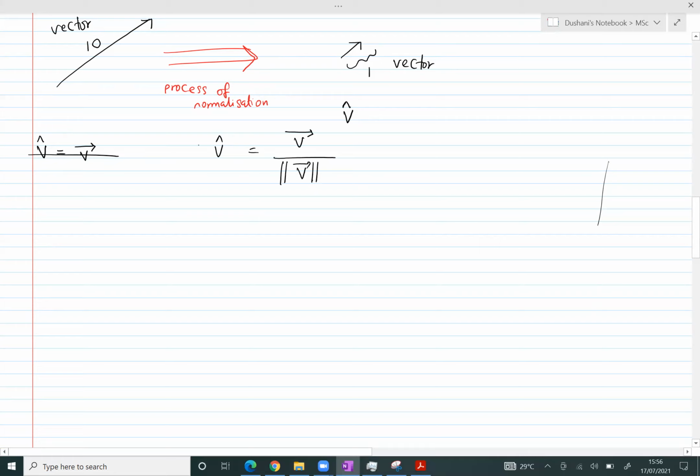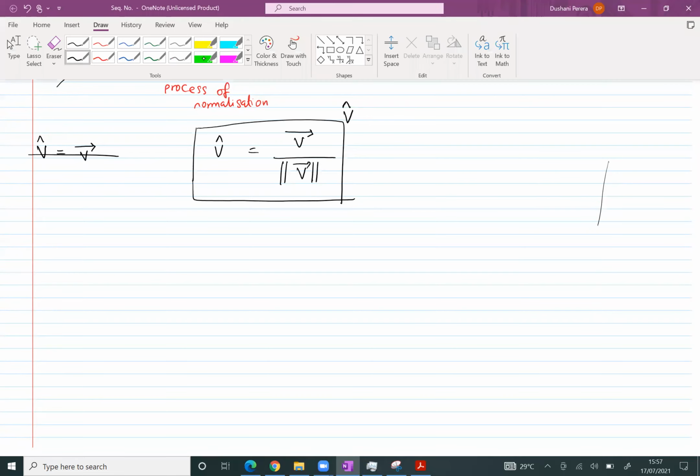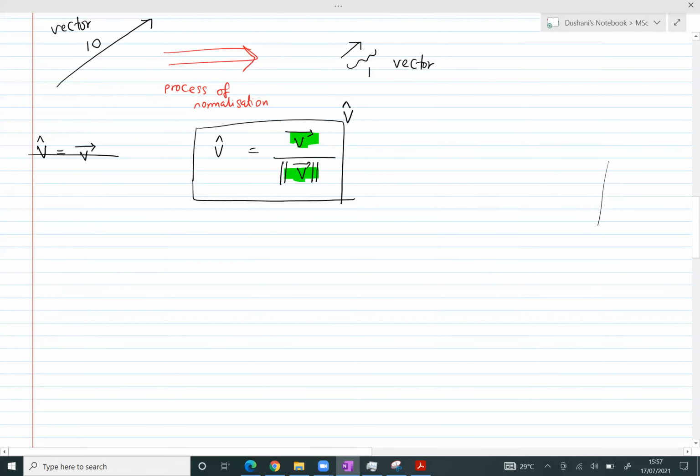This is how we calculate the unit vector. In other words, to normalize a vector, what we simply do is divide each component by its magnitude. You divide the vector by its magnitude in order to calculate the unit vector, or in other words, to normalize.